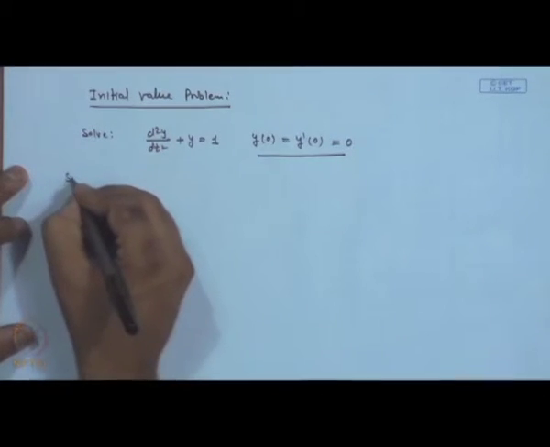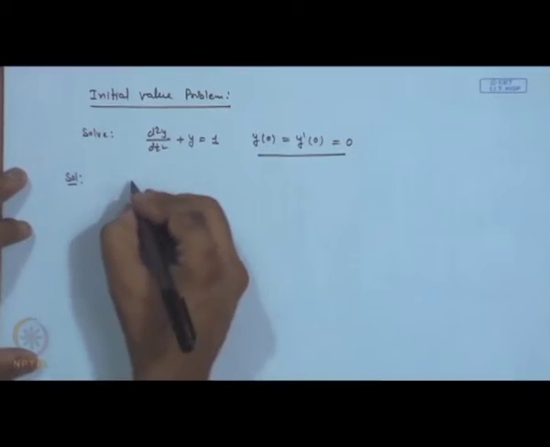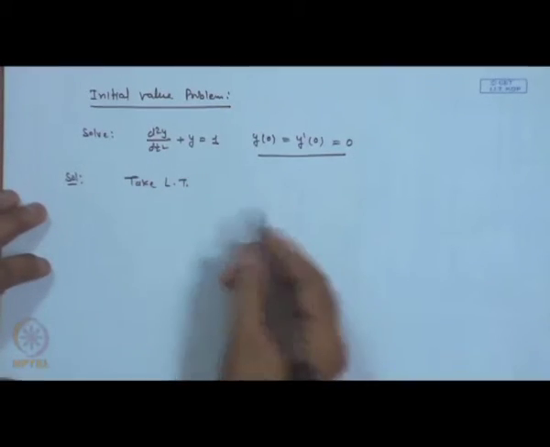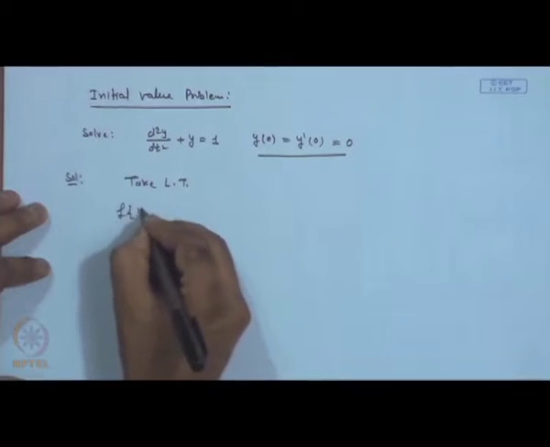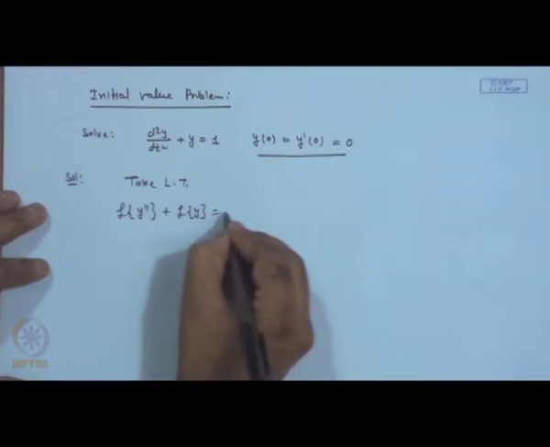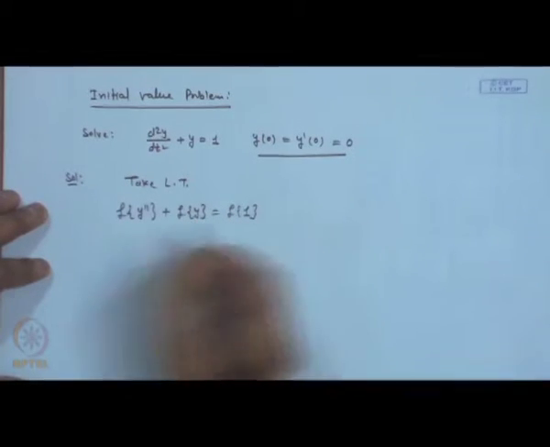While solving, as a first step we take the Laplace transform of both sides of the equation. So, we have the Laplace transform of y double prime plus the Laplace transform of y and the Laplace transform of 1.